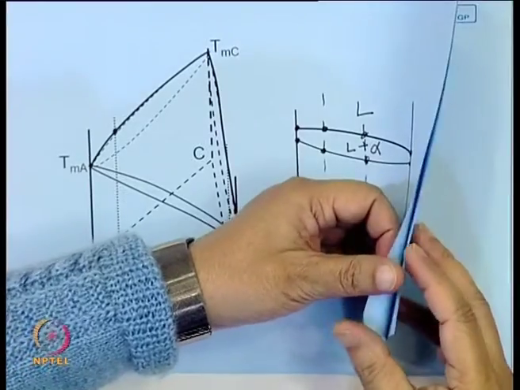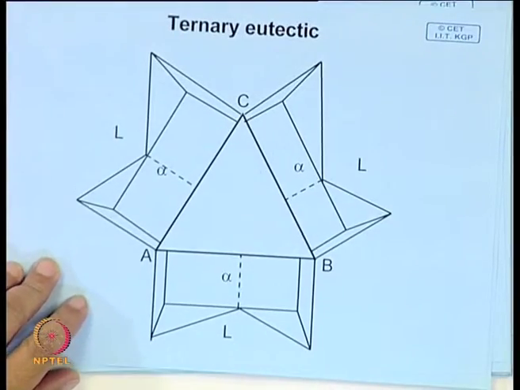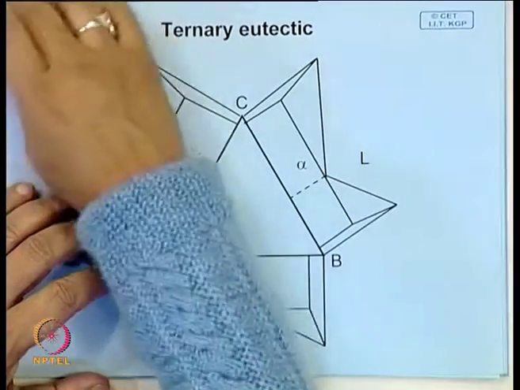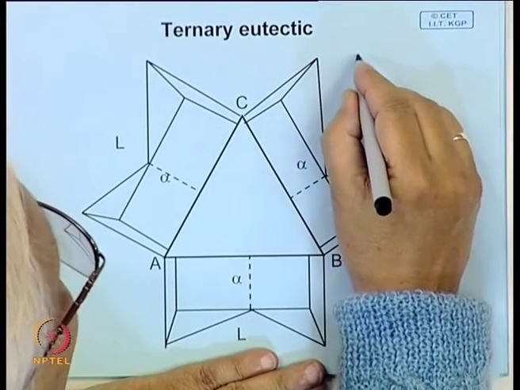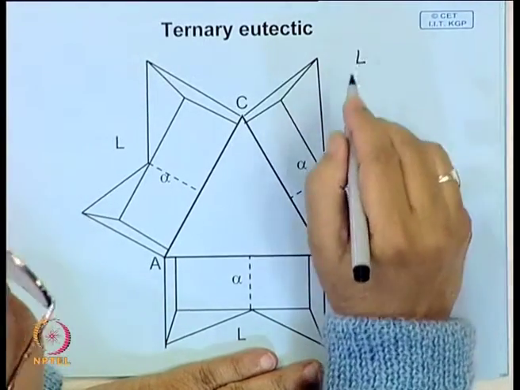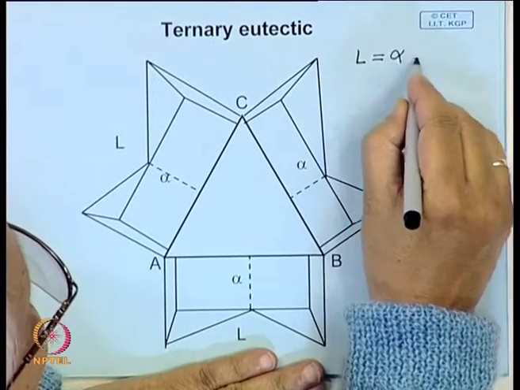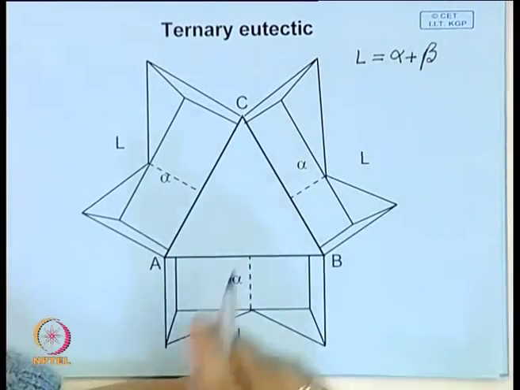Now, let us take up the case of a simple ternary eutectic. In a binary eutectic, we have seen that a liquid breaks down into two solids, alpha and beta.